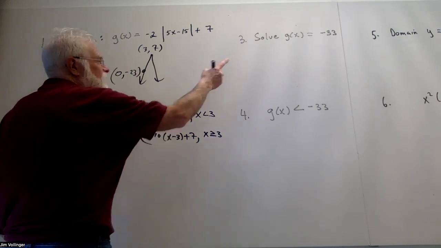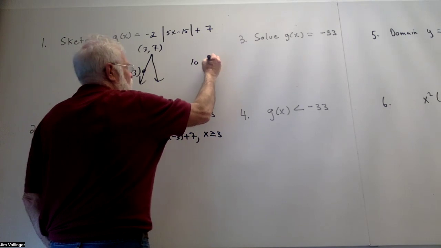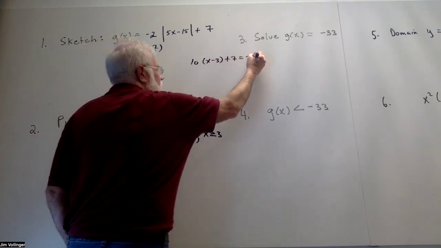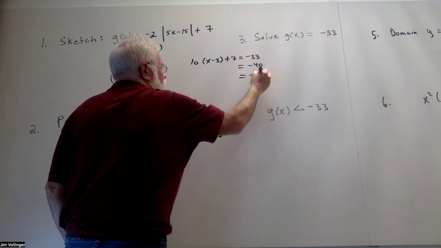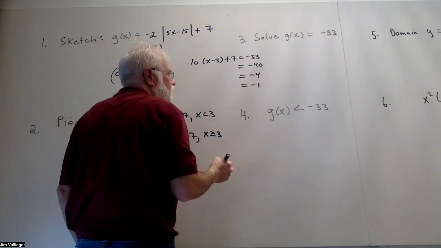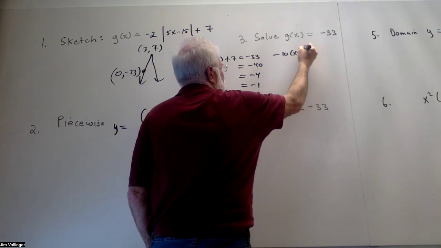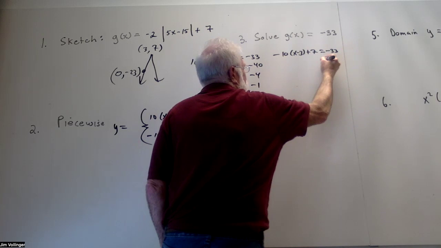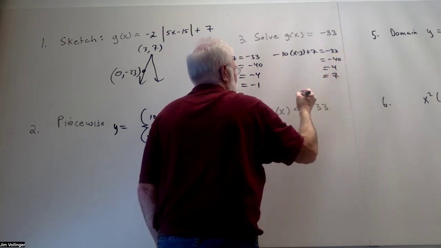Now I'm going to use those pieces to solve for negative 33. I don't have to use both, but I will. So on the left side, when does it equal negative 33? Negative 40, negative 4, add 3, negative 1. Over here, negative 10, x minus 3 plus 7 equals negative 33, negative 40, positive 4, positive 7.